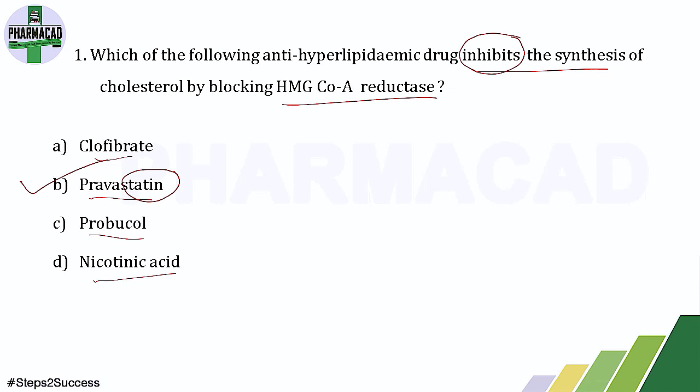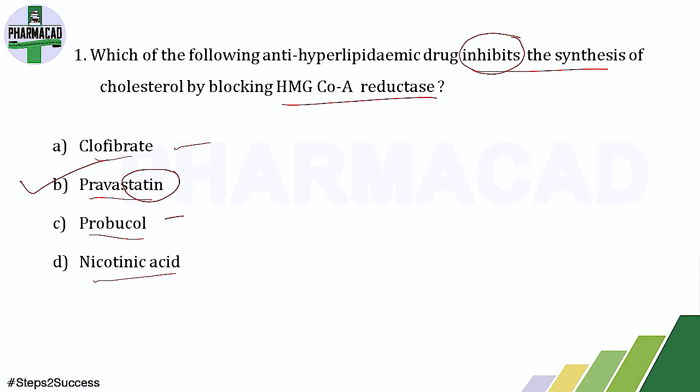Okay. Then we have clofibrate. Clofibrate, that is fibrates, these are responsible for lipolysis, that is, they enhance lipoprotein lipase activity. We have probucol. Probucol decreases cholesterol by increasing LDL catabolism.